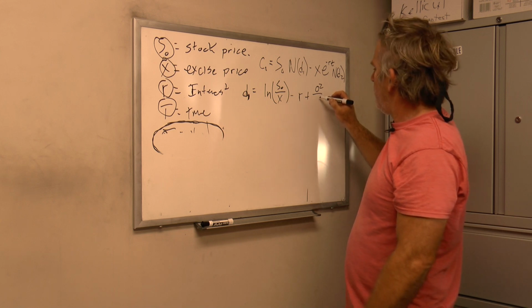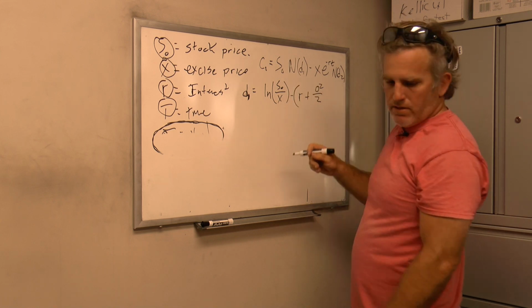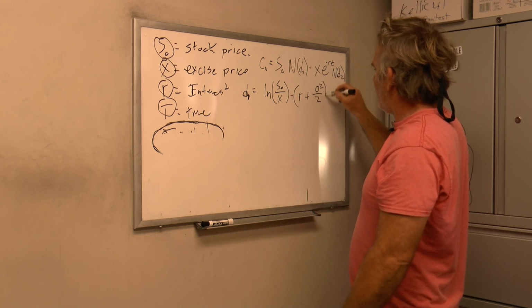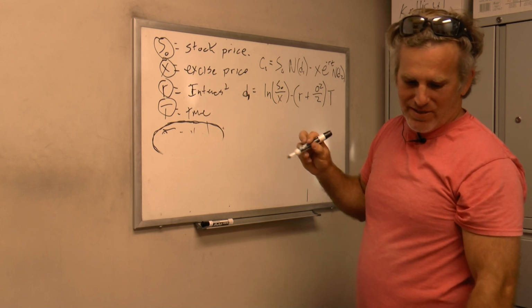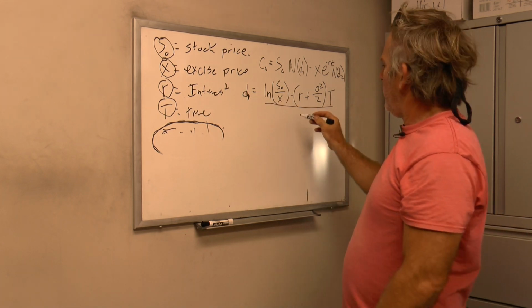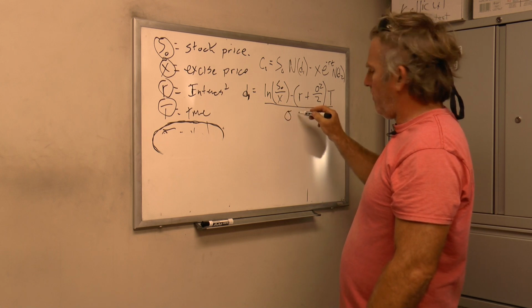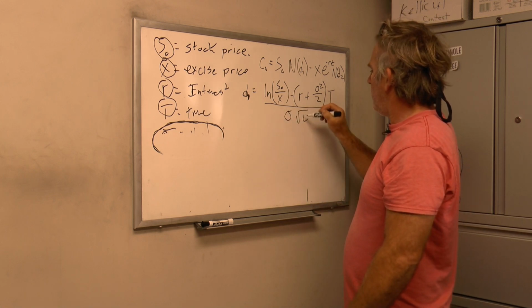Variance is the standard deviation squared, is it not? I forget. Ask the statistics teacher. Daniel? Three minutes. Oh wow, that's going to be fast. So it's the square root of time.